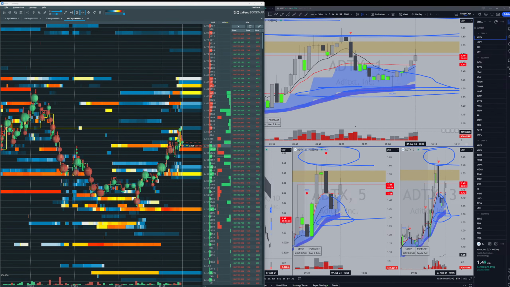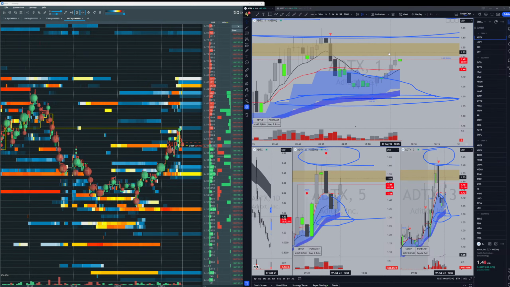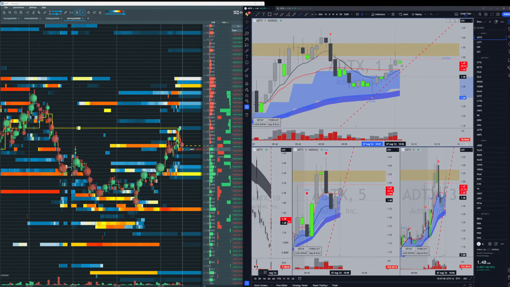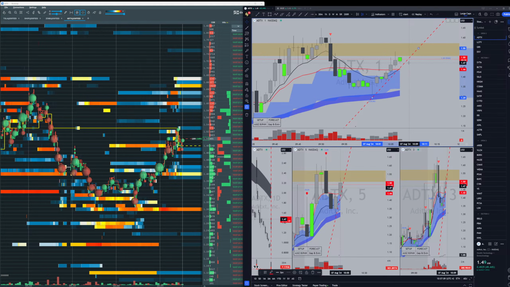They're rising over here, the volume, you can see, almost 1 million. So give me over here a trend line break. And I'm going to short again over here, ADTX.